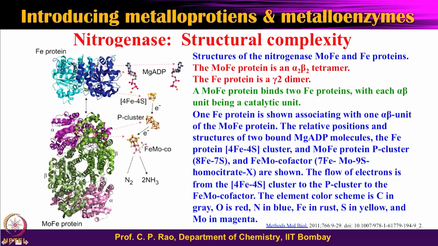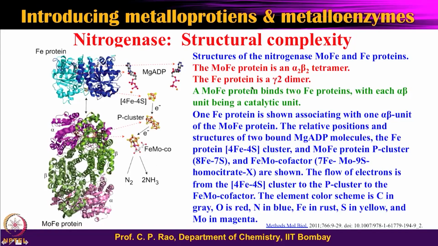Now, you can see the electron coming from outside to the Fe4S4 cluster will transfer here by using MgATP hydrolysis, and this goes into the P cluster. The P cluster in turn delivers to the FeMoCO, and at the FeMoCO it goes to the molybdenum center, and at the molybdenum center it will react with nitrogen to give ammonia.